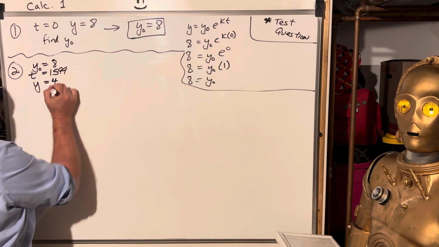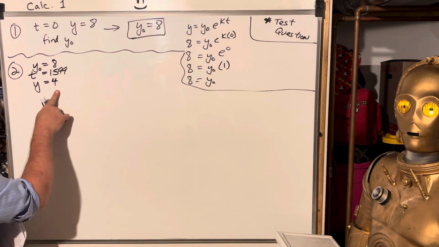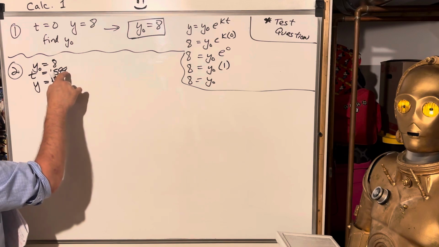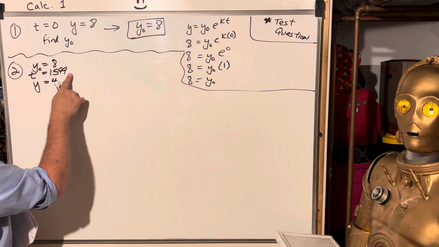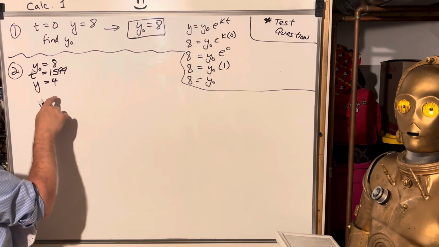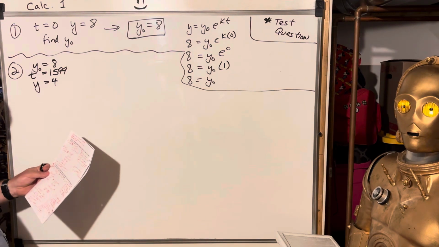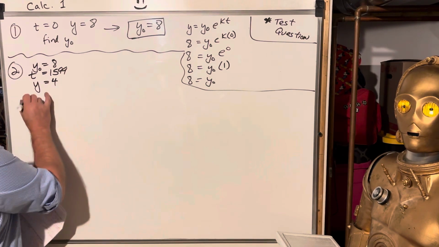Now, how do we know it's 4? They didn't say 4 grams anywhere, but that's half of 8. So if it's got a half-life of 1,599 years, that means half of it is there in 1,599 years. So that's where the 4 came from. All right, so now find K.